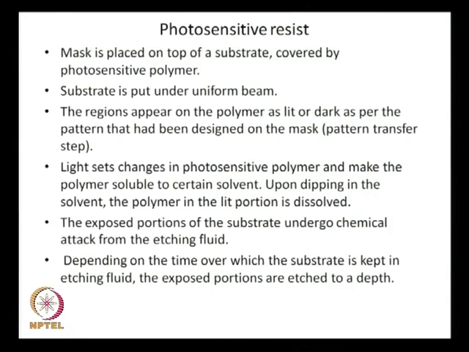Upon dipping in the solvent, the polymer in the lit portion is dissolved. That is one type of resist. The places where light has hit the polymer, the solubility property has changed, and so that portion gets dissolved. Once it gets dissolved, those portions, that surface, get exposed. The exposed portions of the substrate undergo chemical attack from the etching fluid.